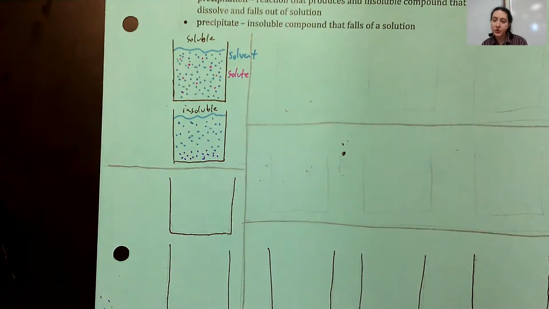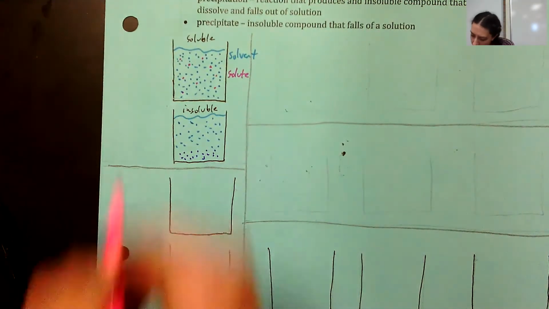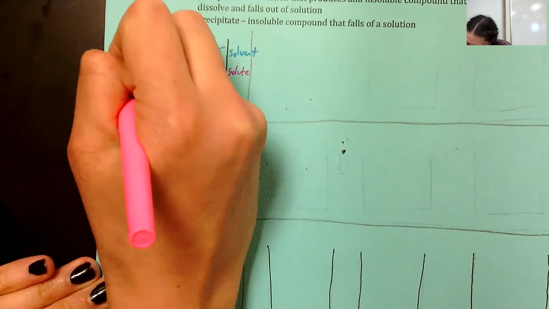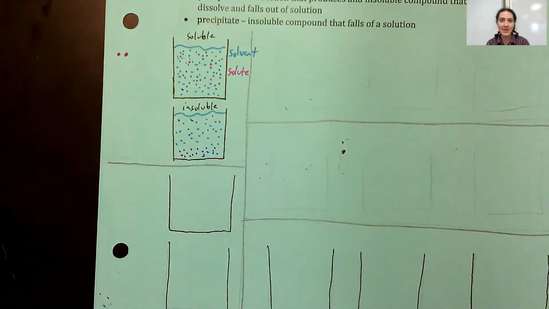Different compounds will be soluble or insoluble depending on their properties, and it's all about the interactions between the particles. The solute has interactions with itself.